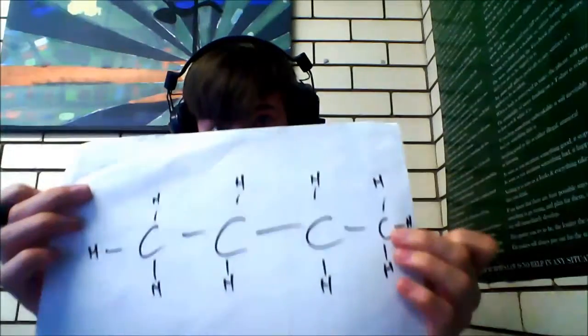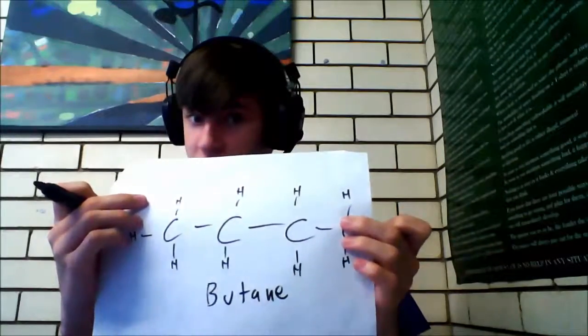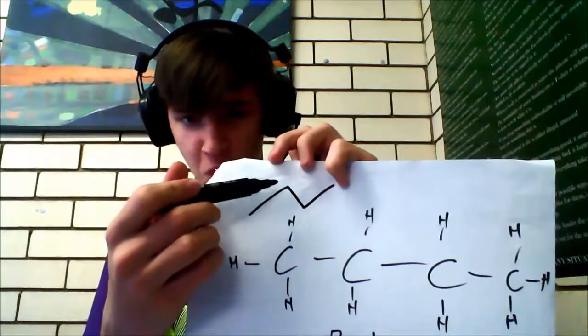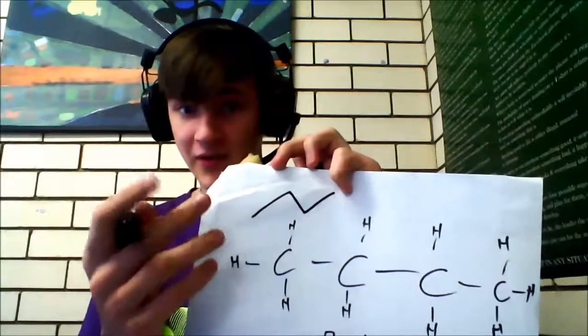And if I've got 4 carbons like this, then it's obviously butane. It's fancy, but that takes ages to draw, so we tend to just go line, line, line, like a squiggle, because each point is a carbon, and we just know that there's hydrogens there.